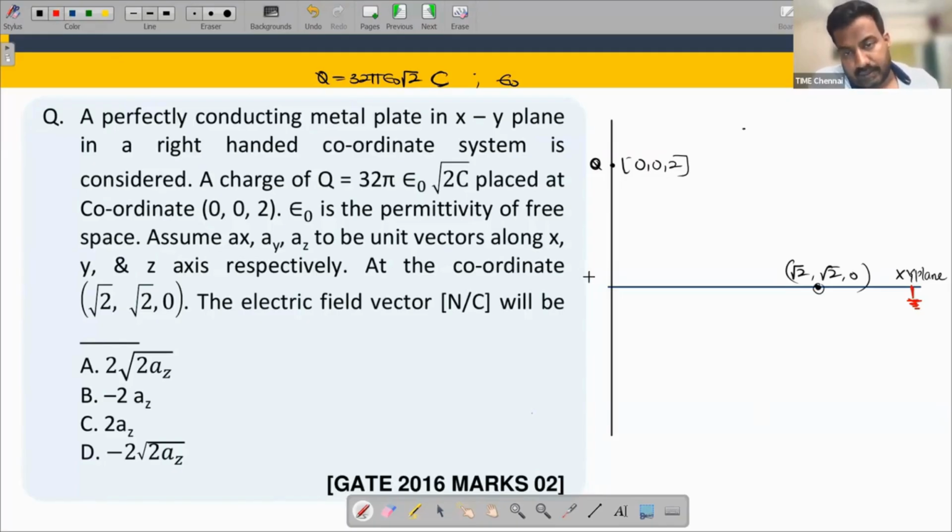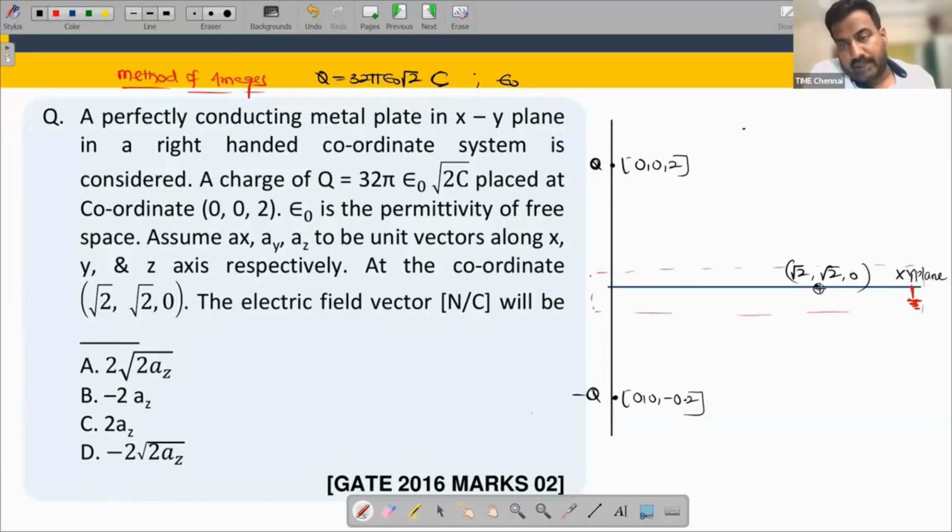Again, this is method of images. So you remove the infinitely conducting grounded metal plate and you apply method of images. At the equidistant point, that is at 0 comma 0 comma minus 2, we take a charge q, but now with opposite polarity.